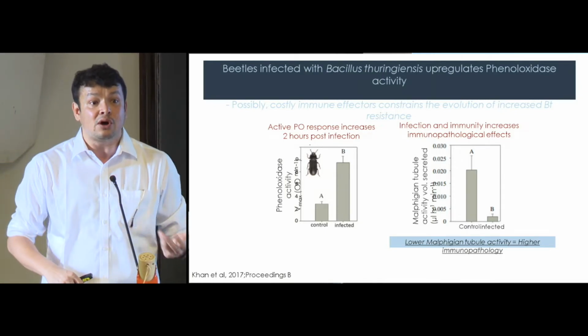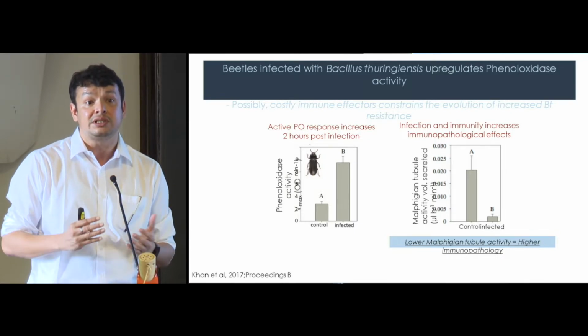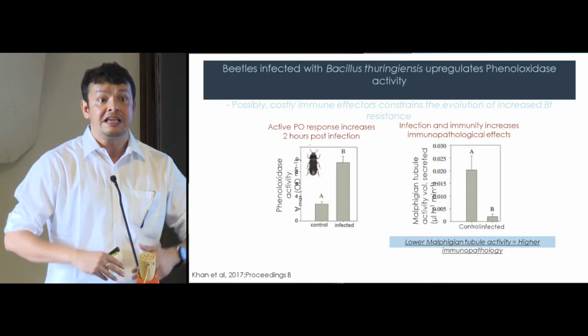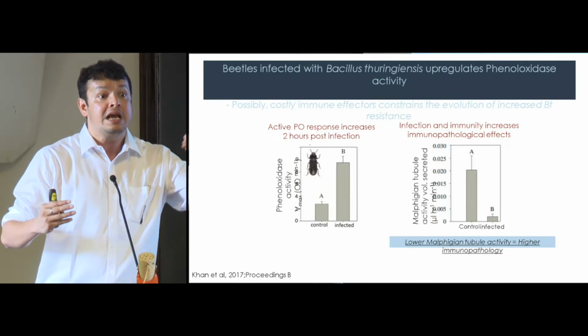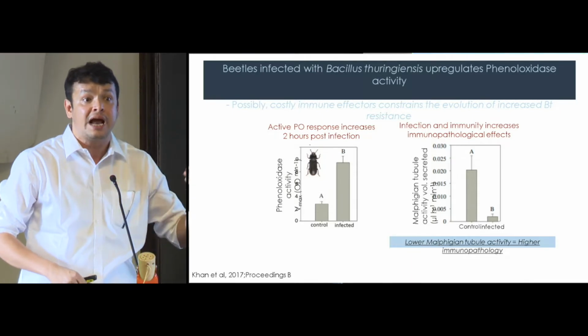Now, phenoloxidase activity could be pathogen killing, but at the same time, it also induces a lot of immunopathological consequences. As a result, even though it would be beneficial for the host to evolve stronger phenoloxidase activity, one could assume that had they evolved a higher amount of it, they could have also cleared the infection more efficiently, but it didn't happen.